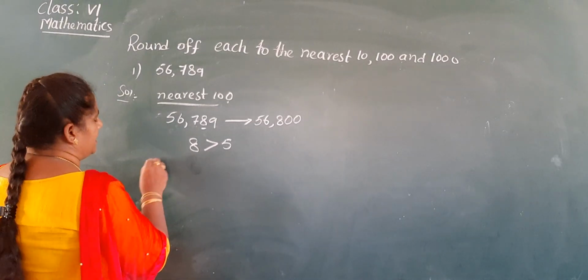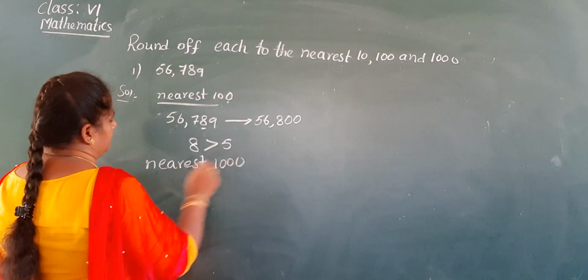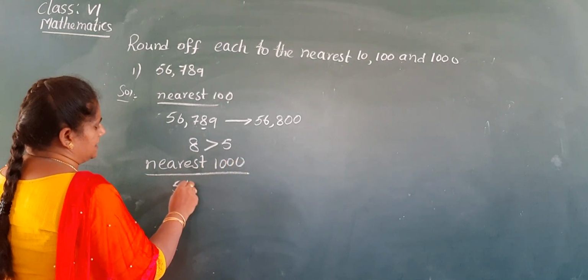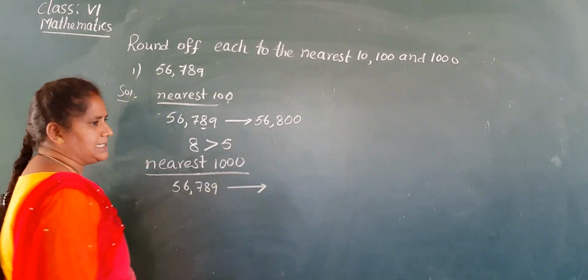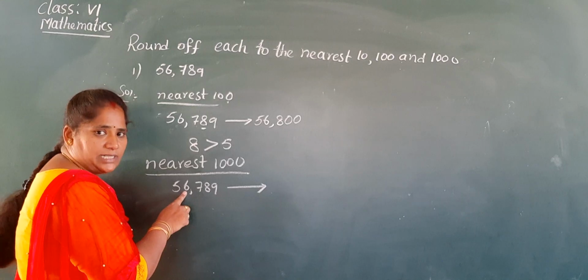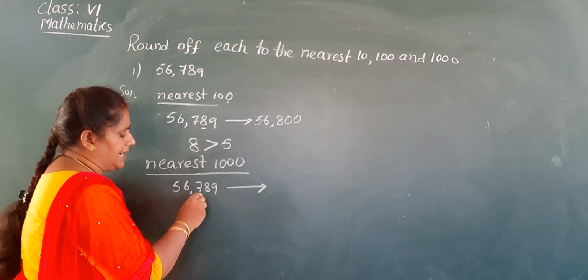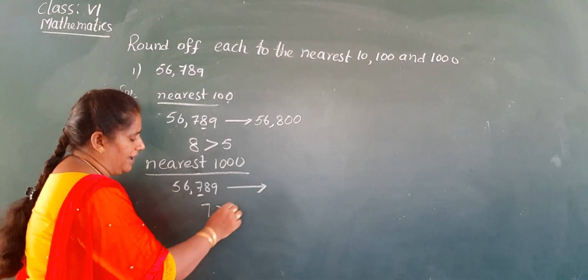And next, nearest 1000. So 56,789 is rounded off to the nearest 1000. See the digit in the hundreds place. This is the thousands place. Now look at the right side. Underline the digit. It is greater than 5.